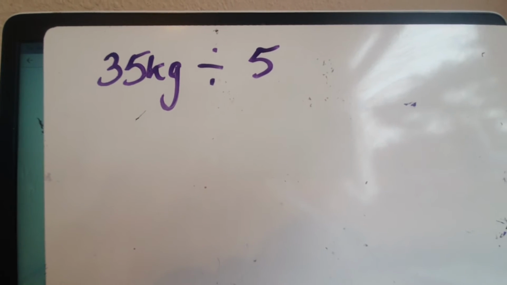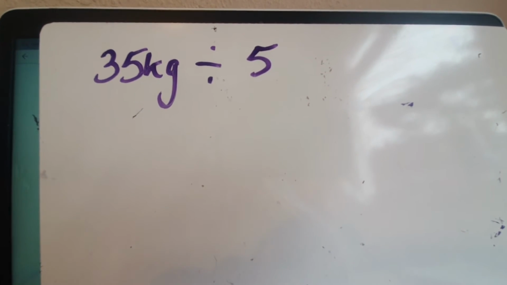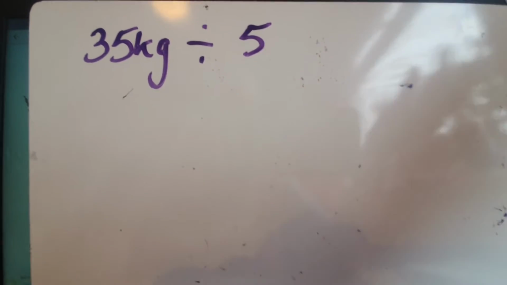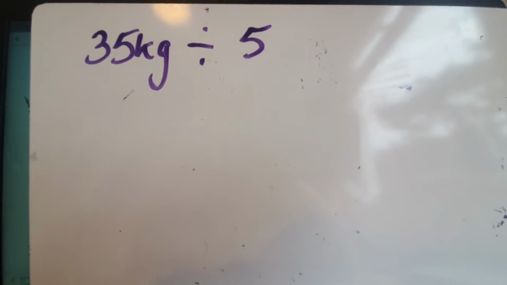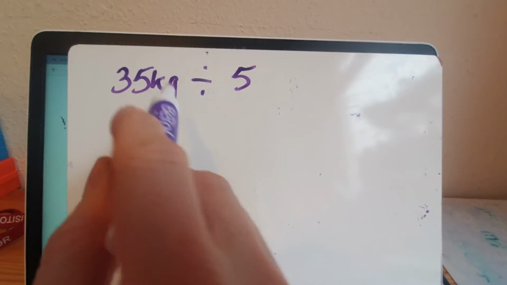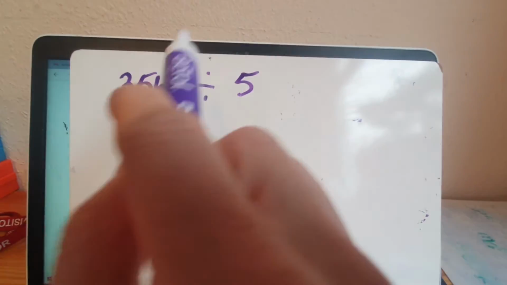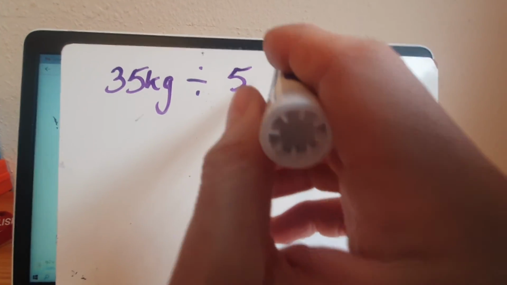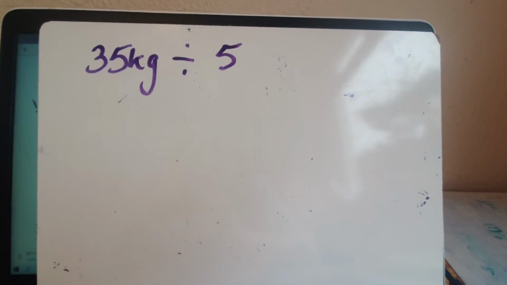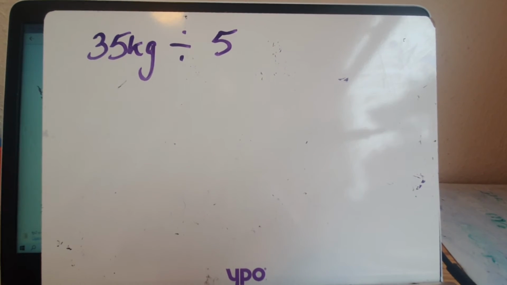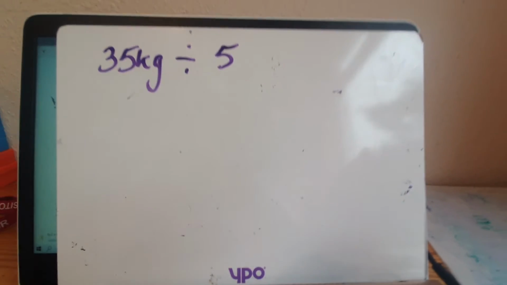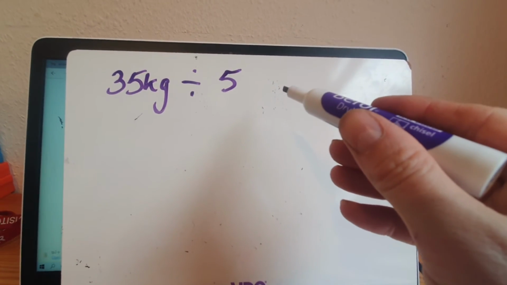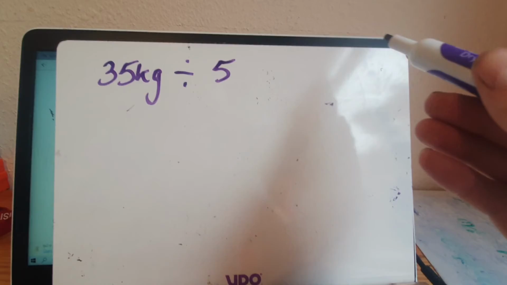We've got 35 kilograms of potatoes, melons, whatever, going into 5 boxes. So all it's asking is, how many 5s are in 35? You could count forward in your 5 times tables. 5, 10, 15, 20, 25, 30, 35. It would be 7.